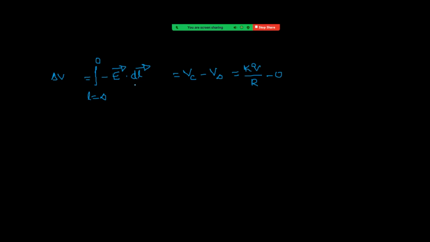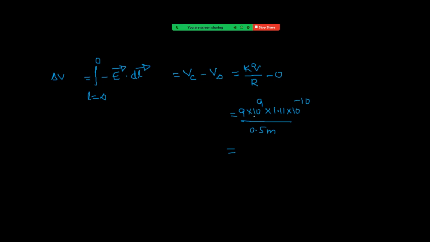So this is nothing but the potential at the center of the ring. See that value: K value 9 times 10 power 9, Q given 1.11 times 10 power minus 10 coulomb, and R value given half meter.